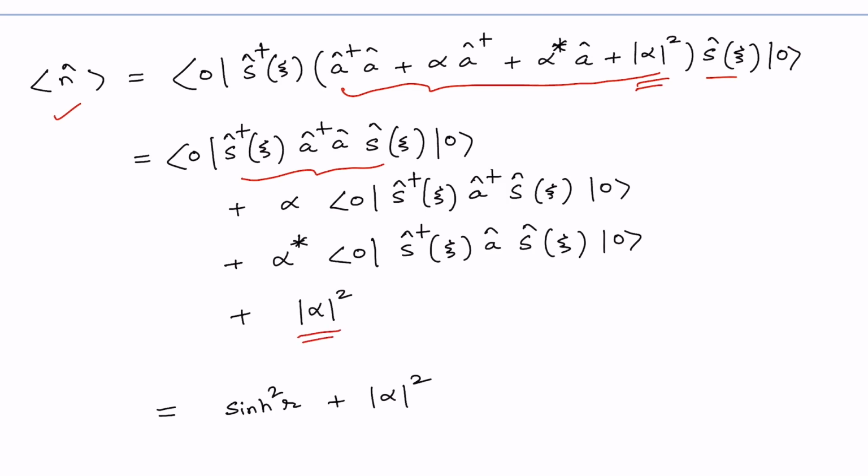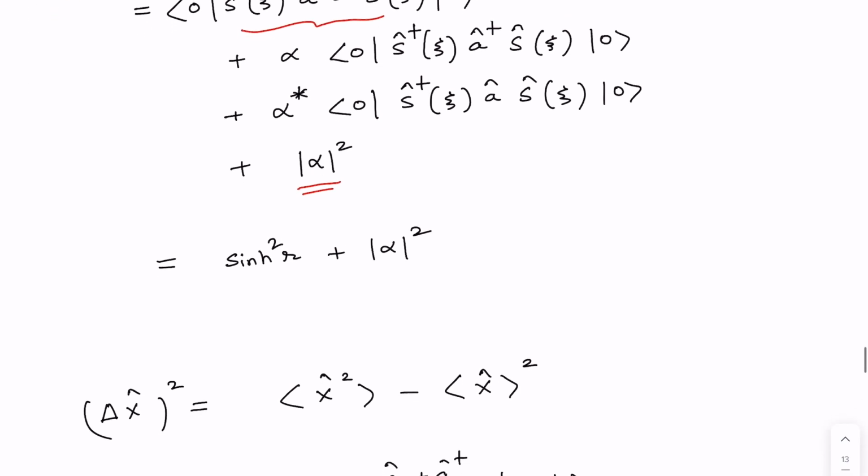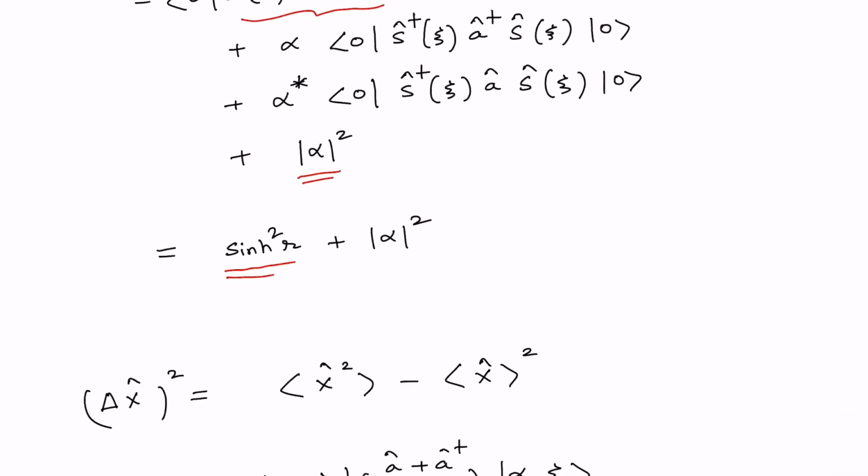And if you utilize the properties of this squeezing operator, which we have calculated explicitly in the last problem, you are going to get sinh squared r plus mod alpha squared. So that is going to be the mean number of quanta in the coherent squeezed vacuum state.